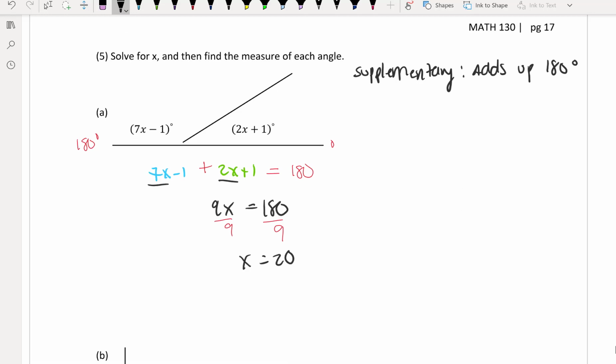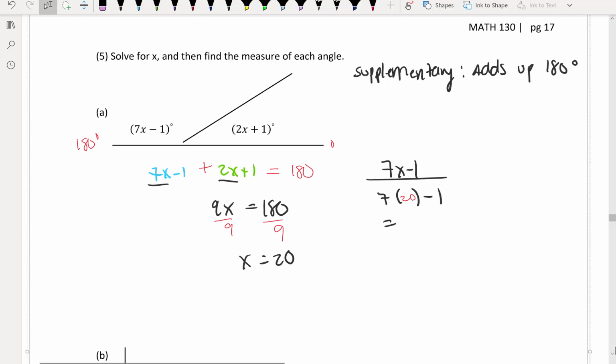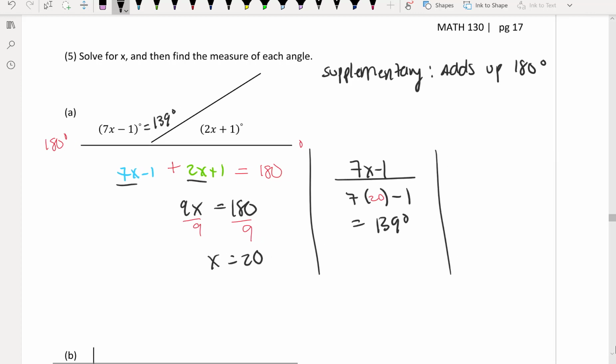If I'm looking at the angle that's 7x minus 1, then plugging 20 in, I would have 7 times 20 minus 1, which is 139 degrees. So this is really 139 degrees. Now, let's think about this angle over here.